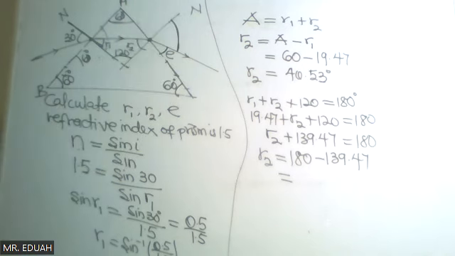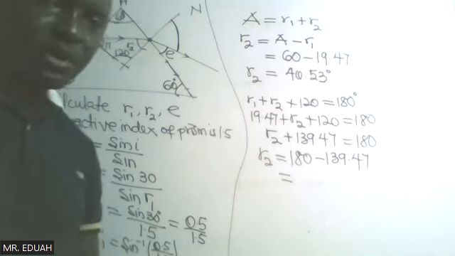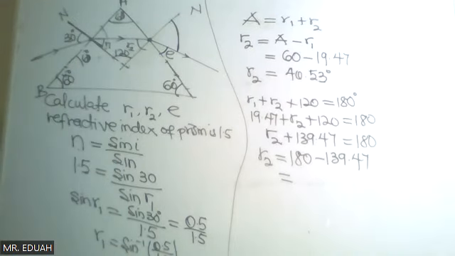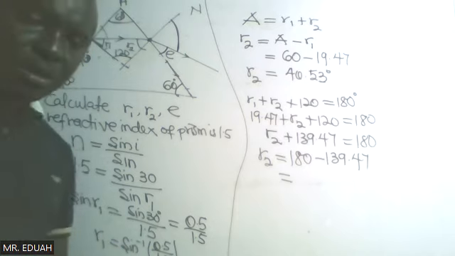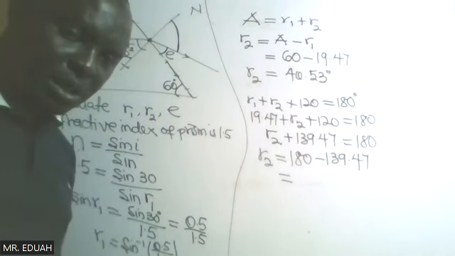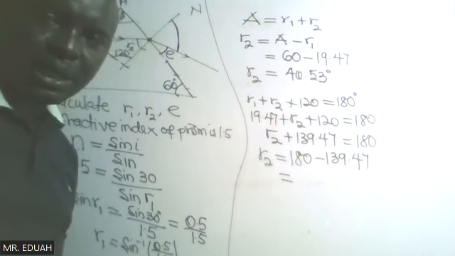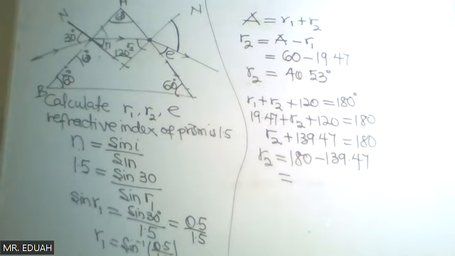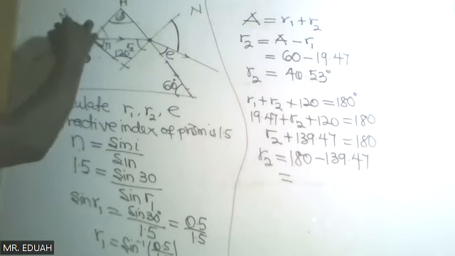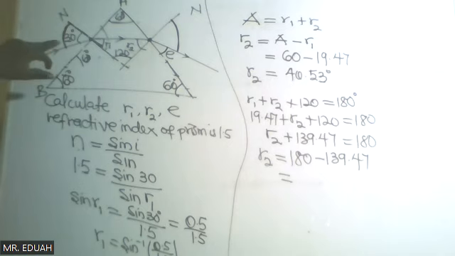What's the name for this angle? The angle 30 degrees, what's the name?